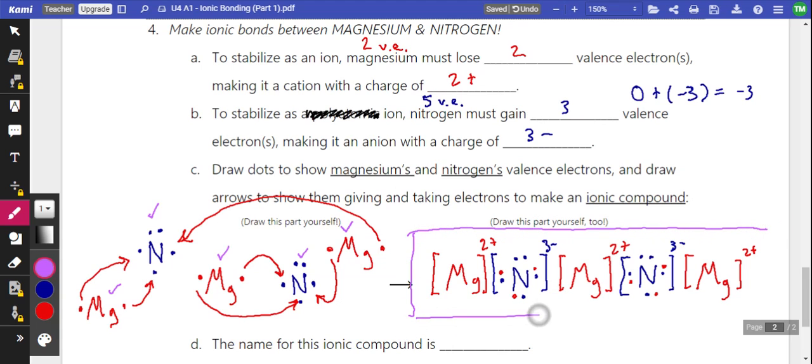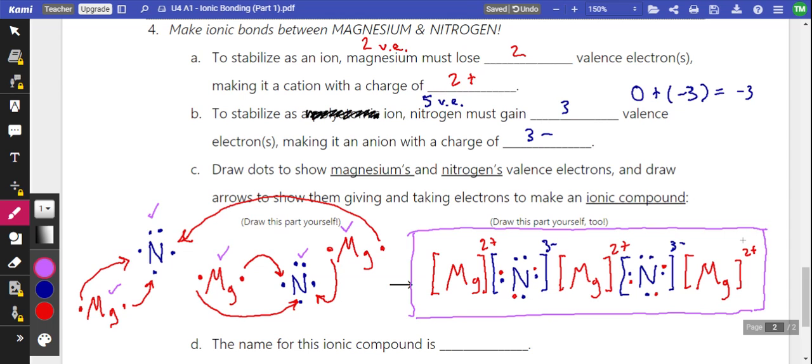It should be noted that you don't really have to make your ions in this exact arrangement. You could have them on 2 levels, 1 row and 2 row. You could have it something like over here. But it helps to clean stuff up so you can make sure everything got the electrons they needed or got rid of the electrons they needed to get rid of, and to make sure your charges are all canceling. I've got positive 2, positive 2, positive 2.